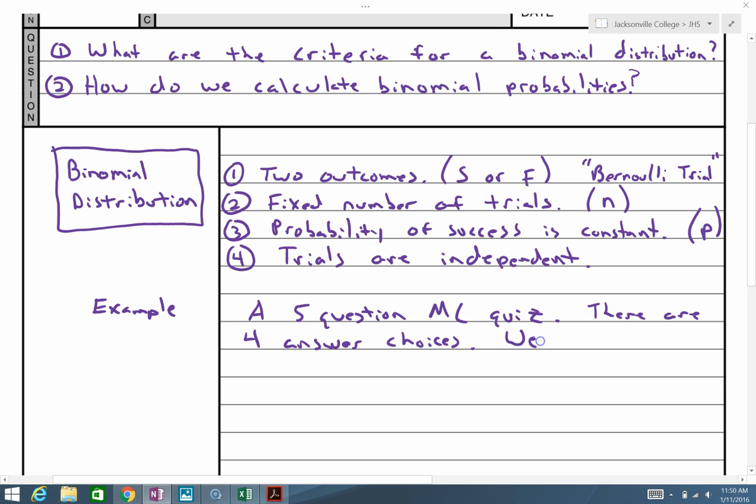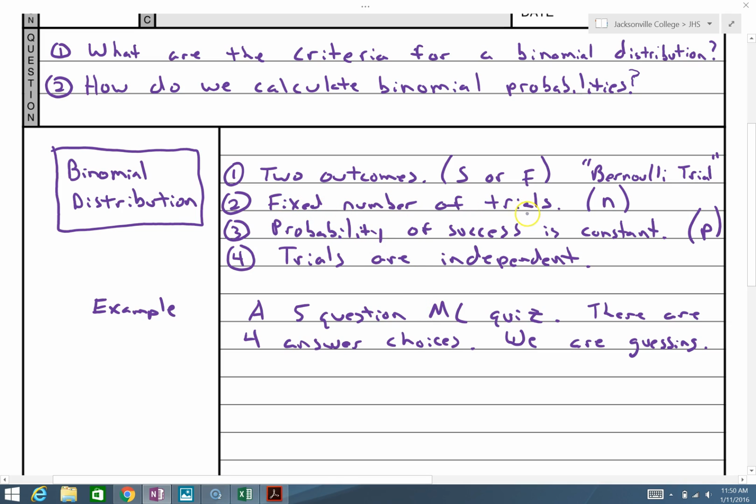And we are guessing. We have no earthly idea what's going on on this thing. All right, let's check our 4 characteristics. Are there 2 outcomes? Yes. On any individual question, we're either going to get it right or wrong.